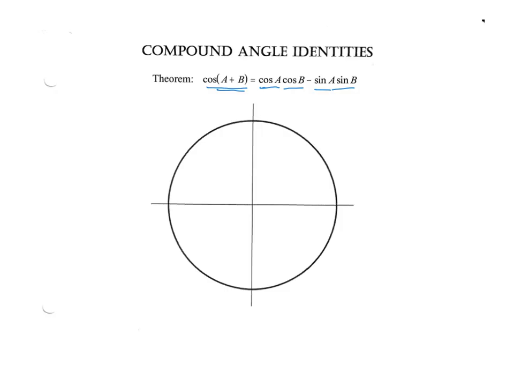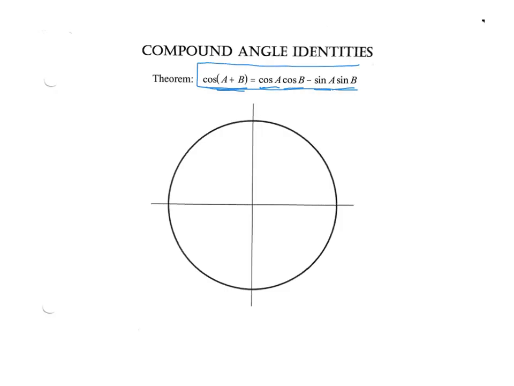So cos A plus B, that compound angle, is equal to what you read there. Cos of our first, cos of our second, minus sine of our first, sine of our second. So again, we cannot just expand it. It does not equal cos A plus cos B. You'll notice right there from that theorem that that is not true.